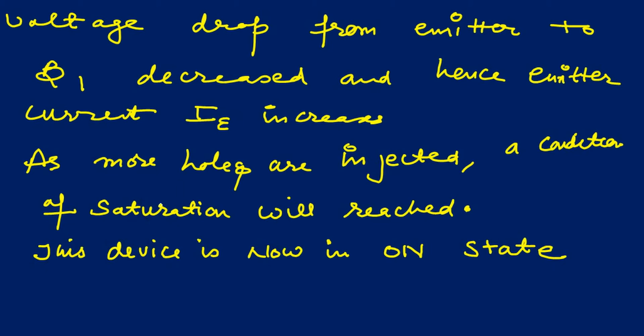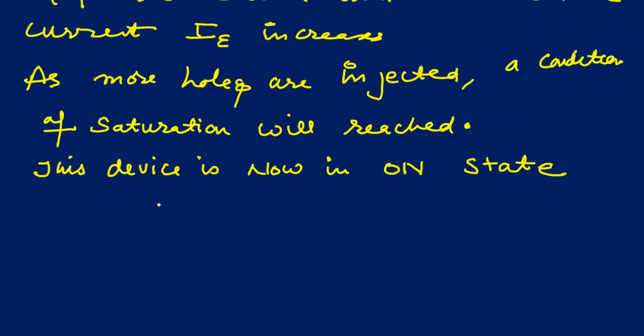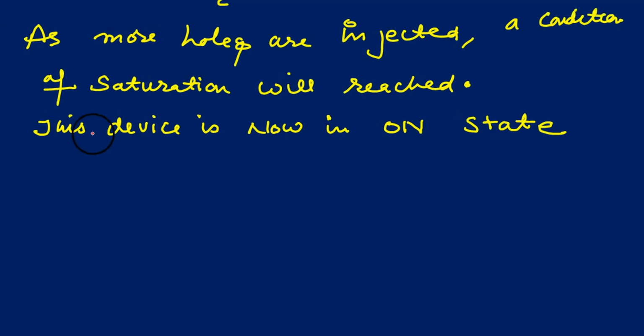Then the device is called on state, that is, the UJT is on.